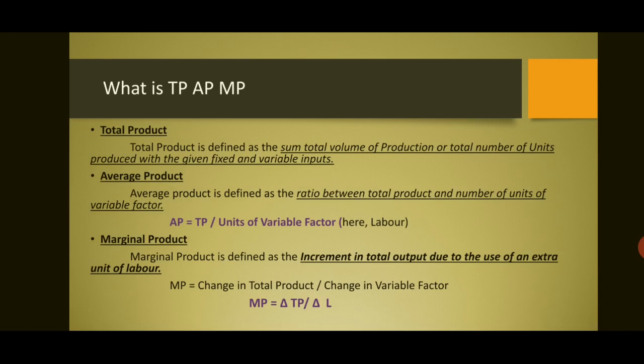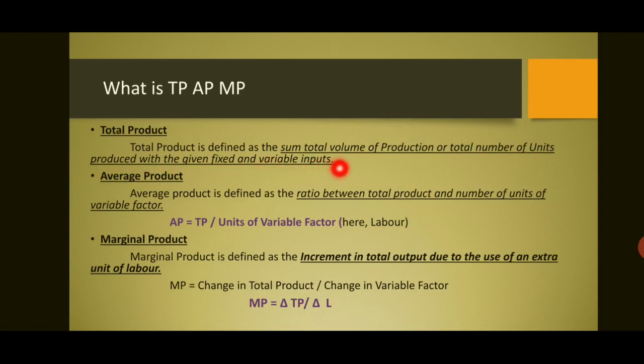So what is total product, average product and marginal product? Total product is defined as some total volume of production or total number of units produced with the given fixed and variable inputs.